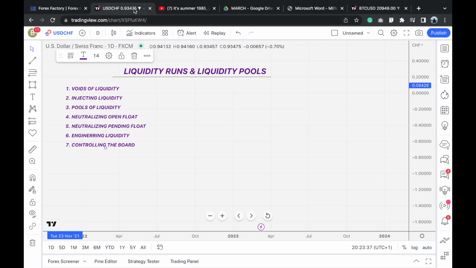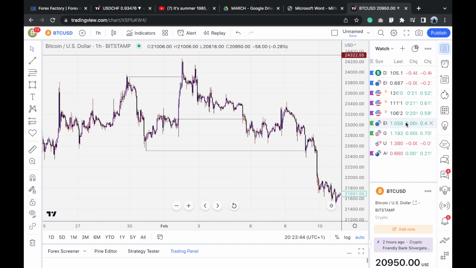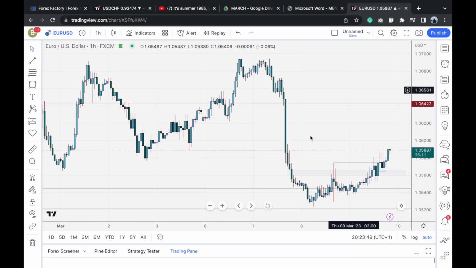Now when it comes to neutralizing pending flow liquidity, we're going to go into a recent example on Euro Dollar from yesterday, which we traded. We actually traded this in the live session yesterday.